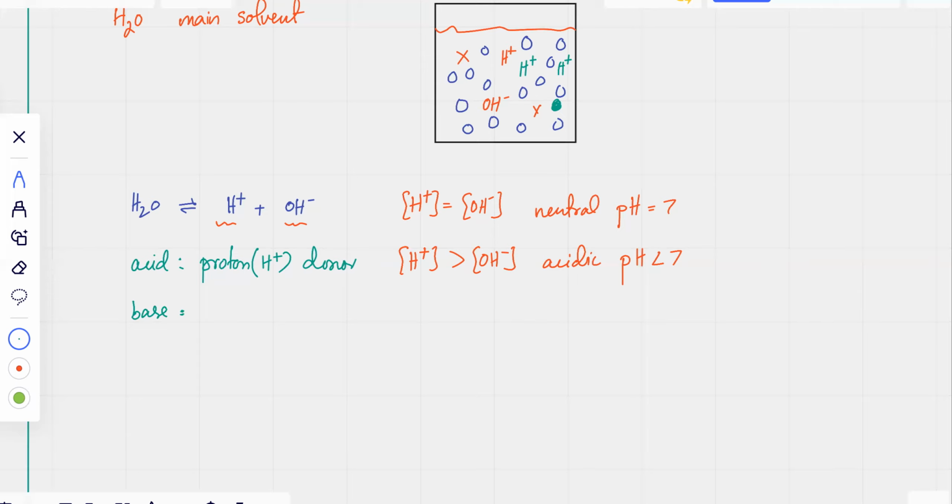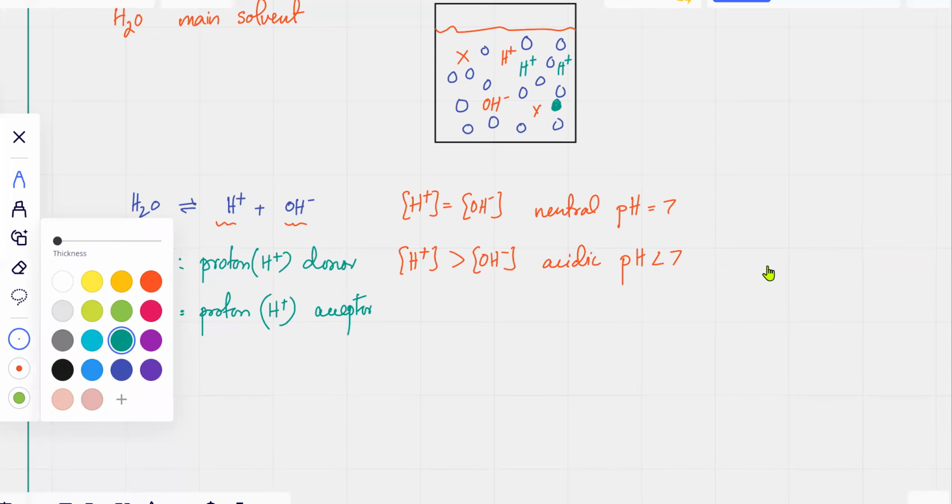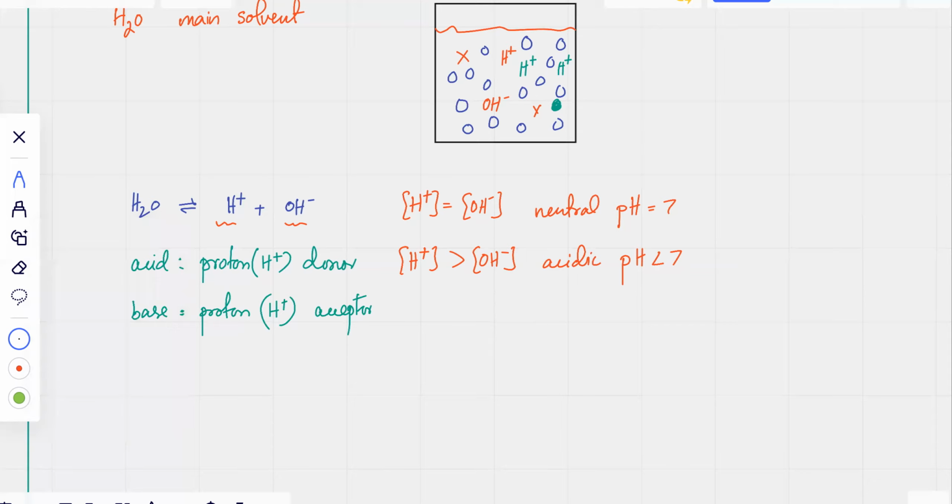Now, a base is a proton acceptor. It's a molecule that accepts protons. So let's say I add a base to it, let's say this black molecule over here is a base. It would start removing the H+ ions from the solution.